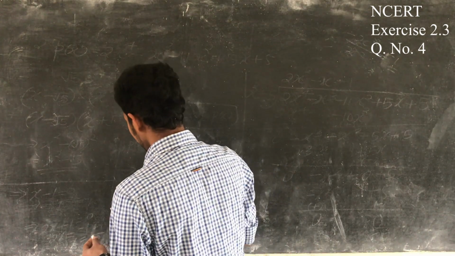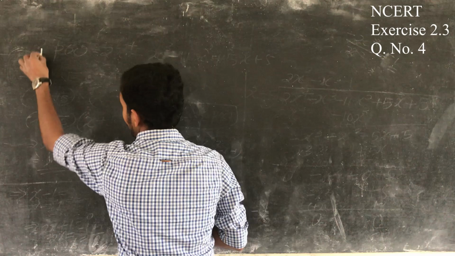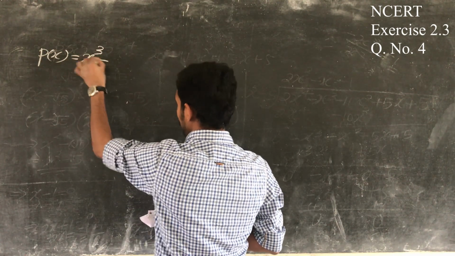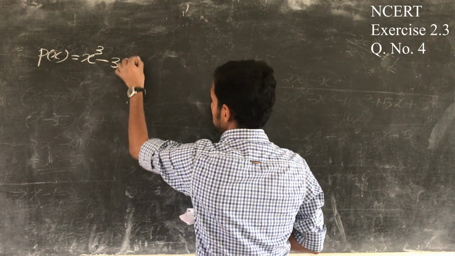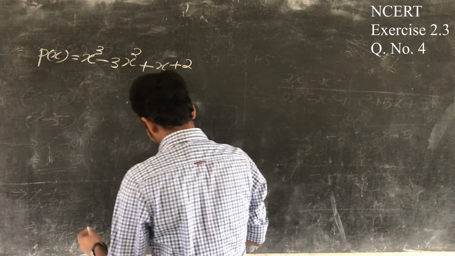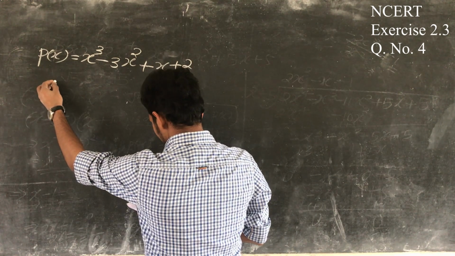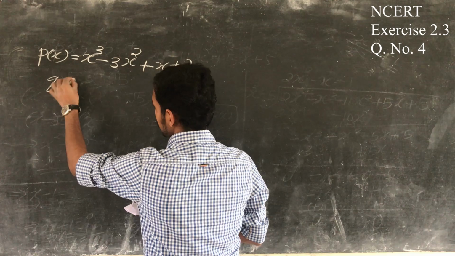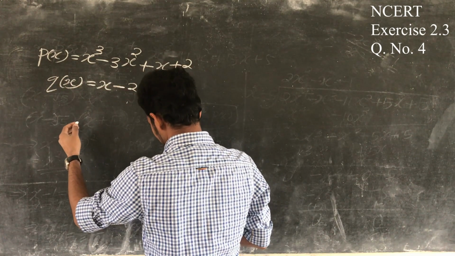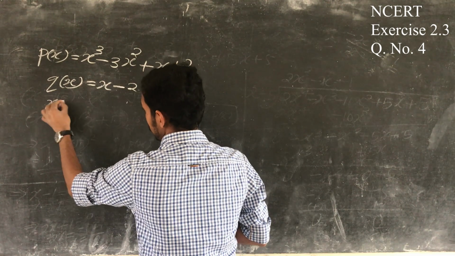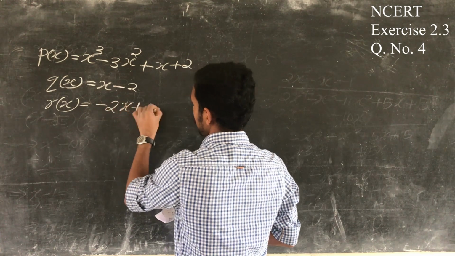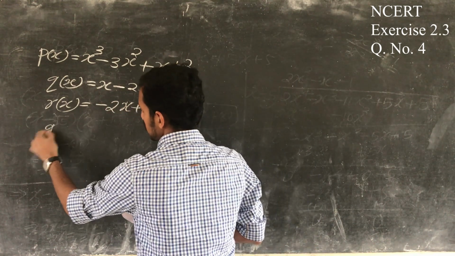So in this question, p of x is given as x cube minus 3x square plus x plus 2, the quotient is given as x minus 2, and the remainder r of x is given as minus 2x plus 4. What we need to find? g of x.